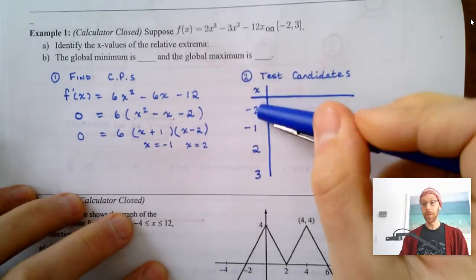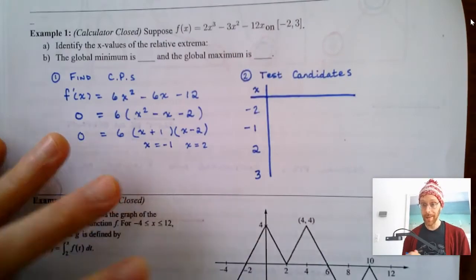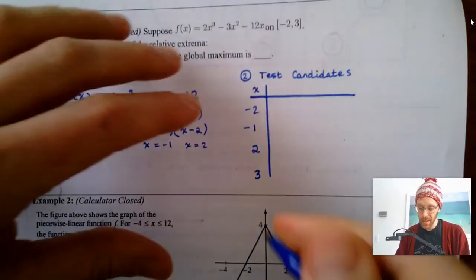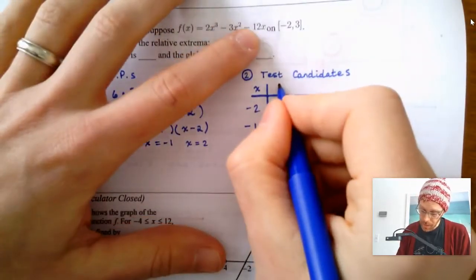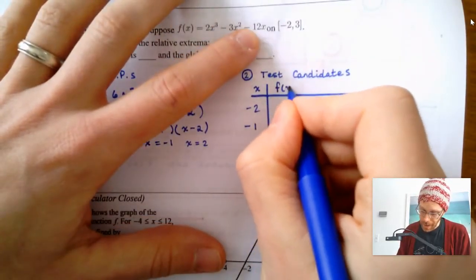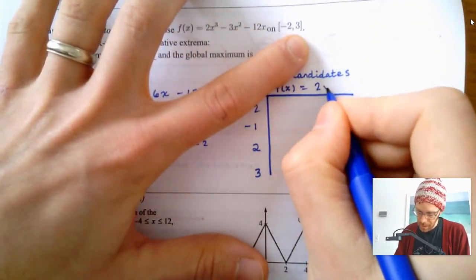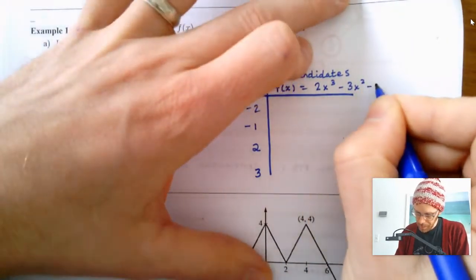You'll notice that I put them in order from the least value up to the greatest value. That's a good way to do these things. It keeps you organized. What we're looking for is the largest value of f. So we're now going to test these values by plugging each one of them into this function.